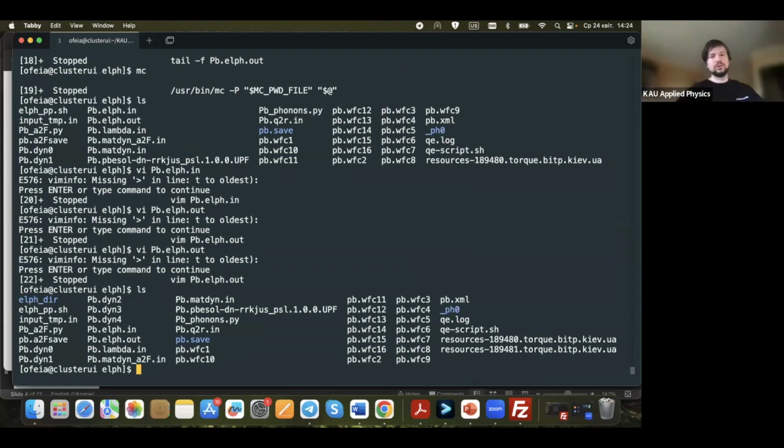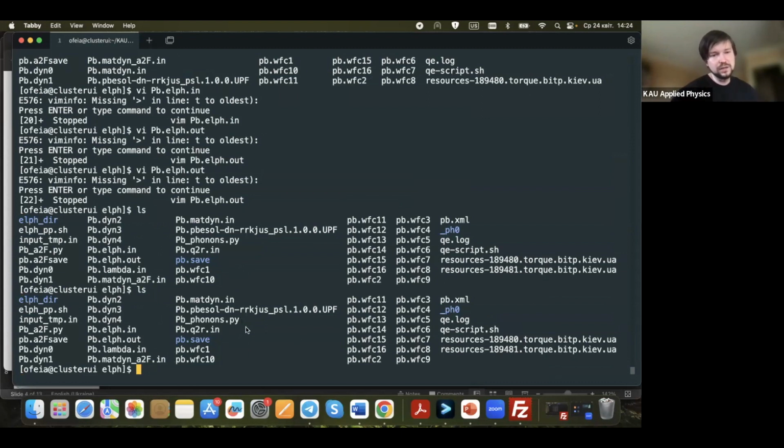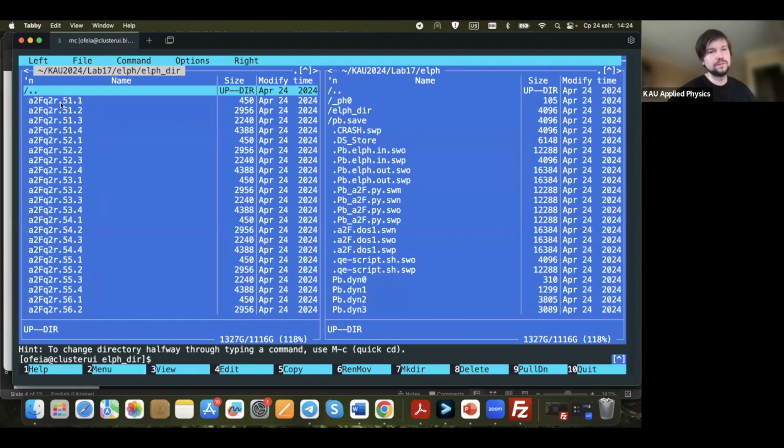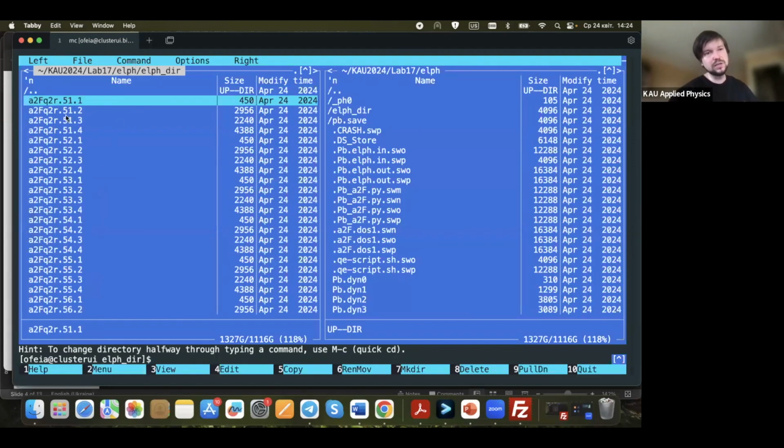Now we can go to another step. In this step, we have calculated the phonon matrix, and this is a spectral function for each dot in this broadening, like 51, 1, 2, 3, 4, and so on.